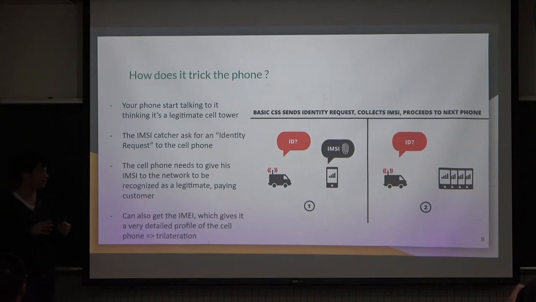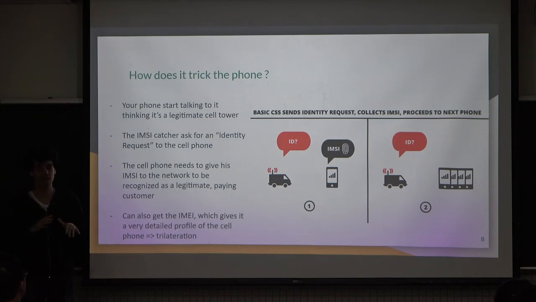Then the phone will start talking to the IMSI catcher thinking it's a tower. To prove that you have paid your network bill, your phone has to give your IMSI to the network, so it will give it to the IMSI catcher.